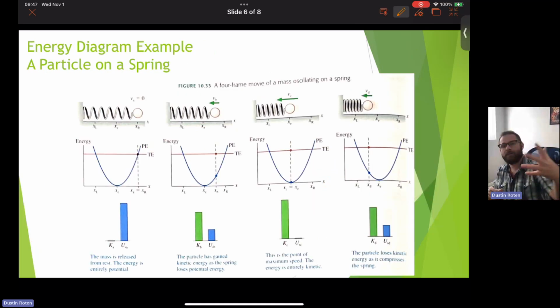Okay, so let's look at another couple of frames, this time using the example of the mass on the spring. Let's say we start over here at this one turning point on the right. Let's say maybe we've grabbed this mass and pulled it out and we've not let it go yet. So it's got potential energy.